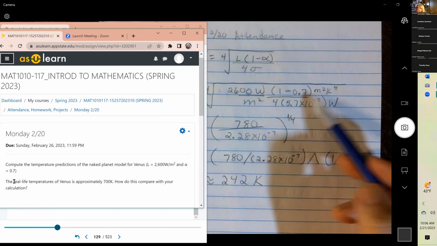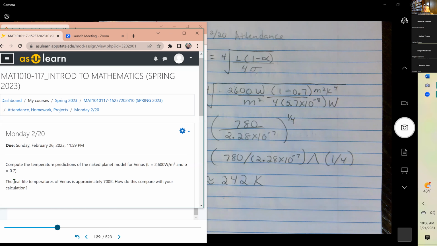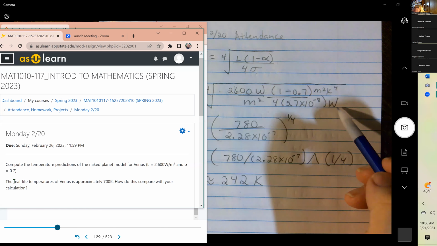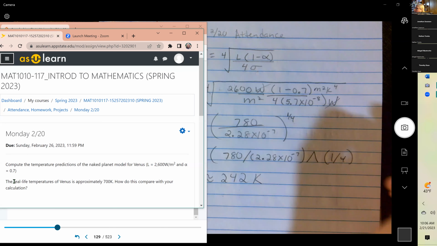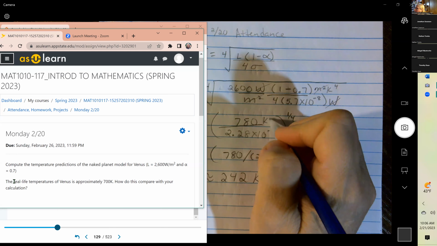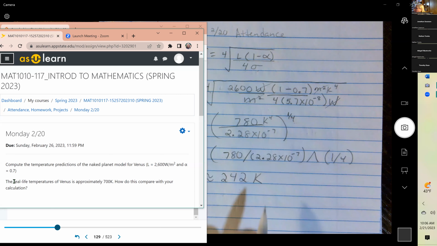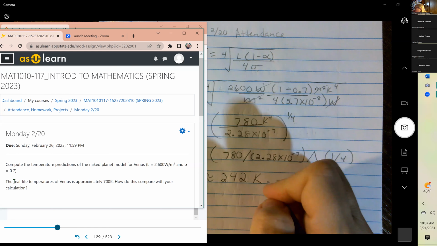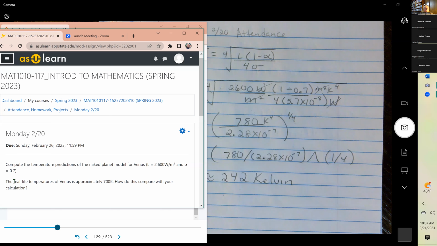So this one is meters squared Kelvin to the fourth, and this one's watts. So then the watts would cancel. The meters squared cancels. And here you'd have Kelvin to the fourth. But when you take the fourth root of it, it just becomes Kelvin. This is the temperature.